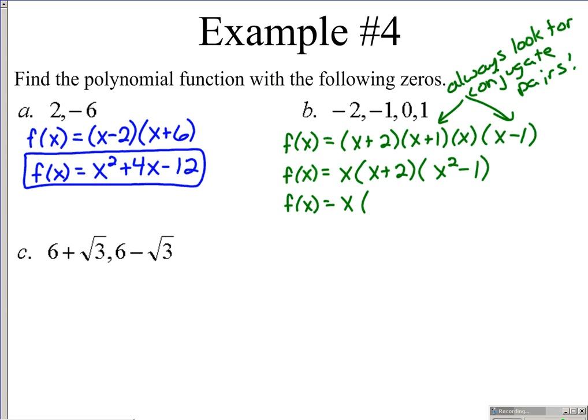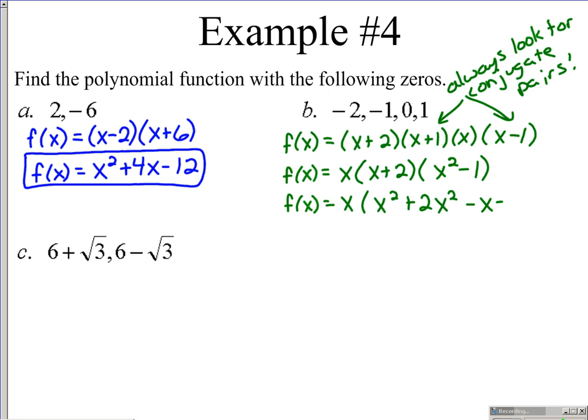FOIL these two together. When we FOIL this out, we get x cubed plus 2x squared minus x minus 2. Sorry, this is a minus x here.